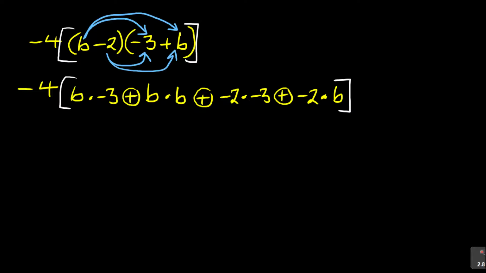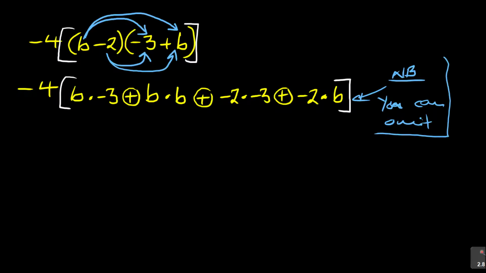You can omit or leave it out. You can omit this stage. All right, it's not a must. So now we continue. Equal to, don't forget to put equal sign, minus 4, and then we have a bracket now. b times, that's why we say b times minus 3 on the original is what?